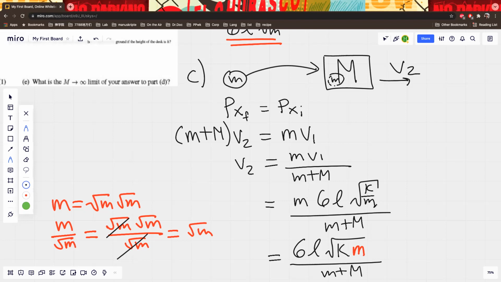So we had basically m divided by a square root of m, right? And m can be written as square root of m times square root of m.